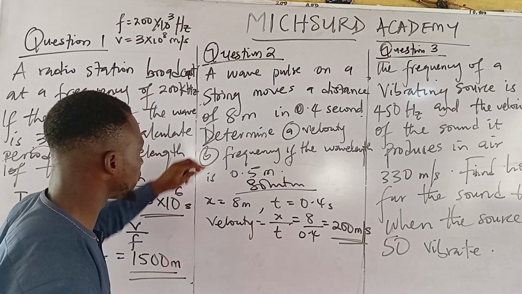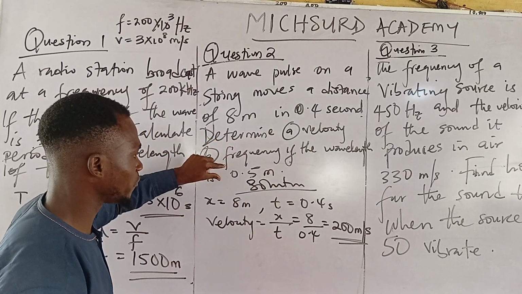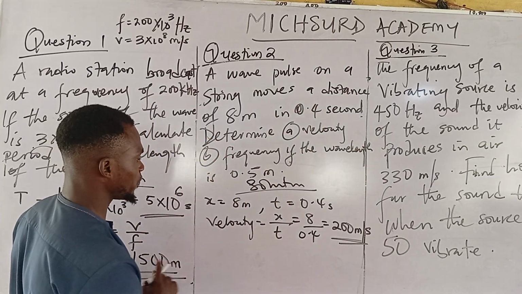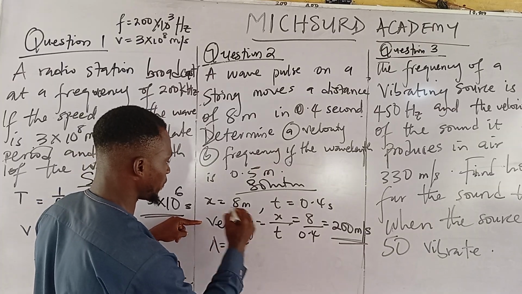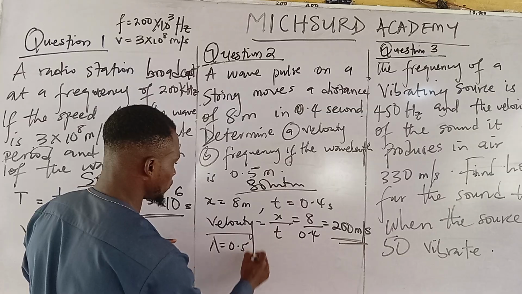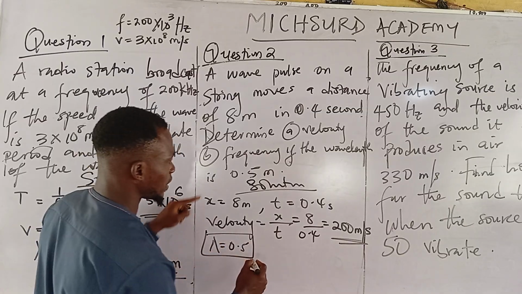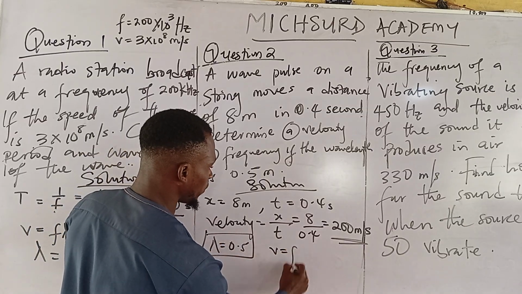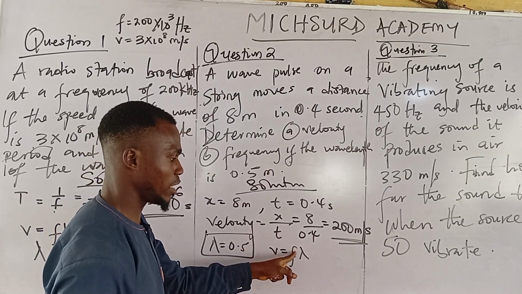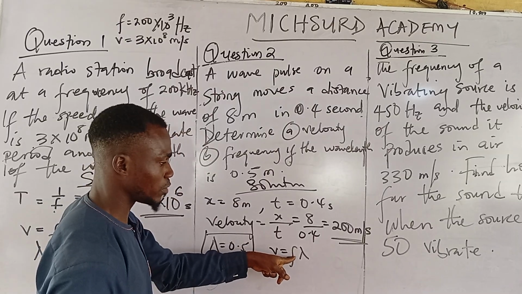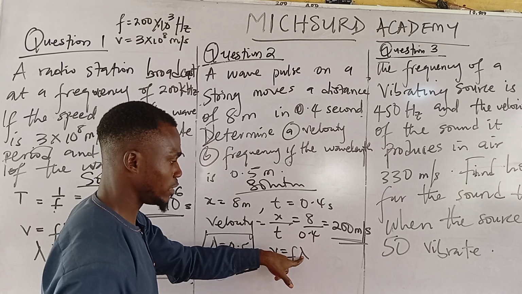Now we are also asked to find the frequency. So we have the wavelength, which is given here as 0.5. We go back to our wave formula that V is equal to F lambda. This time around we are finding F, so we are going to make F the subject of the formula, dividing through by the wavelength.